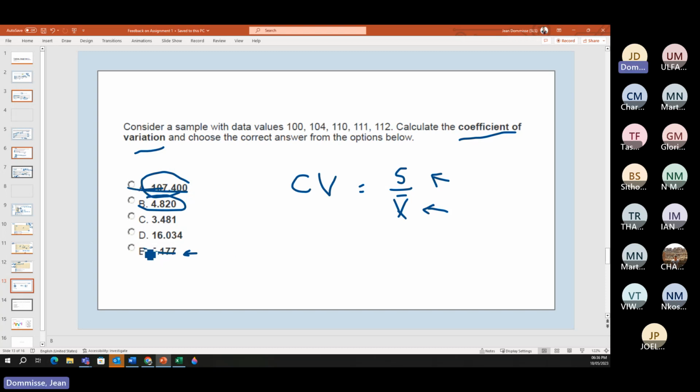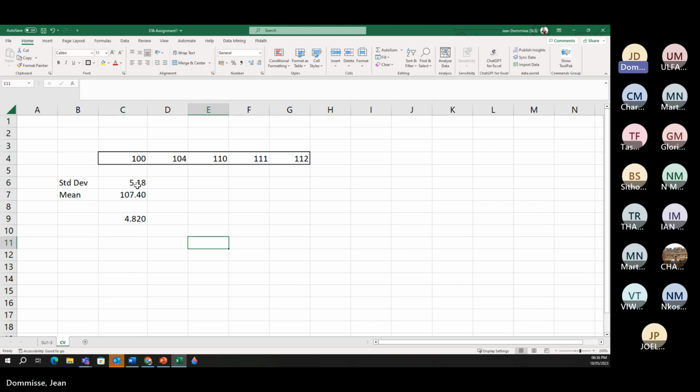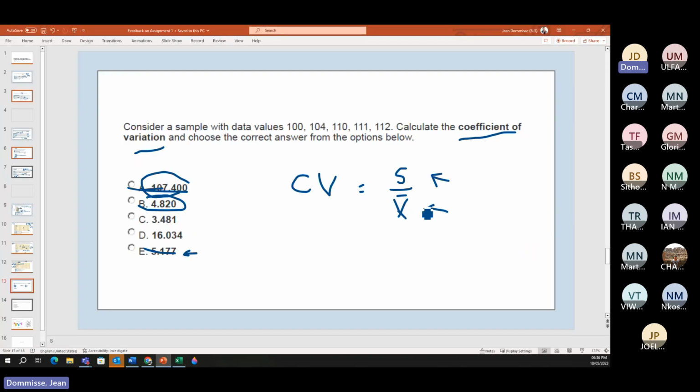But two of those are actually in how you calculate it and not the final answer. So again, you have your standard deviation, you have your mean, your coefficient of variation is standard deviation divided by mean times 100. I must remember to say times 100 because it's always in a percentage.